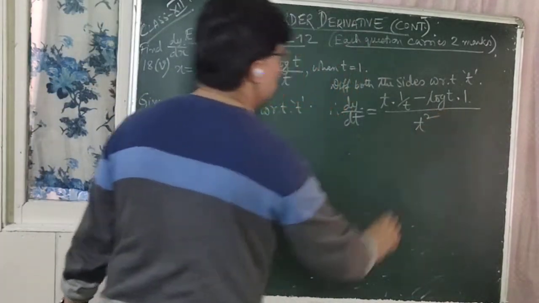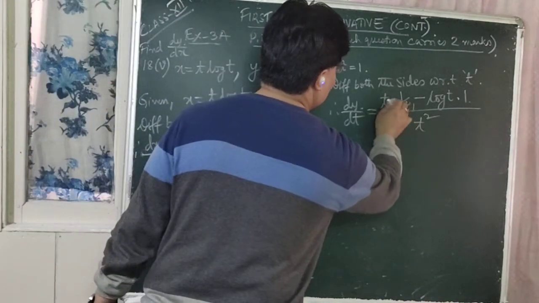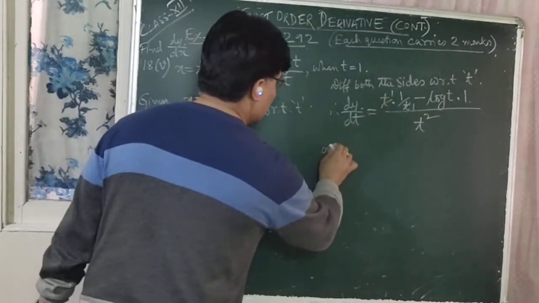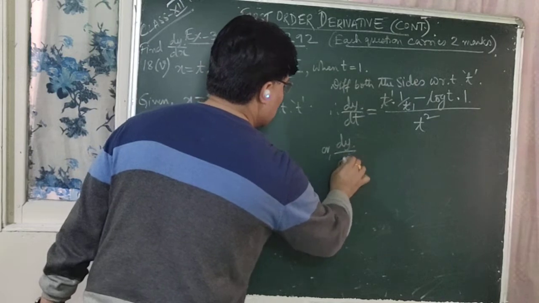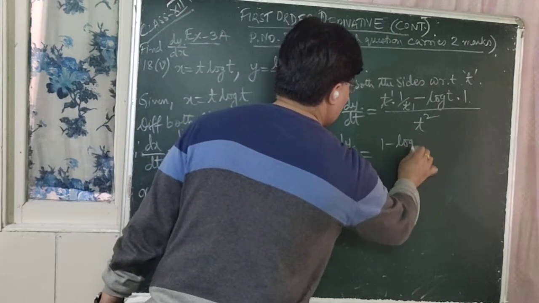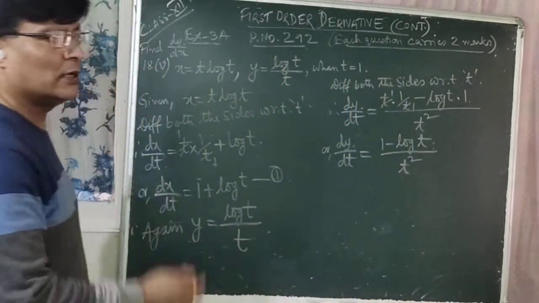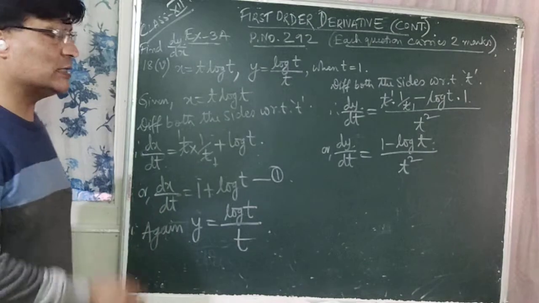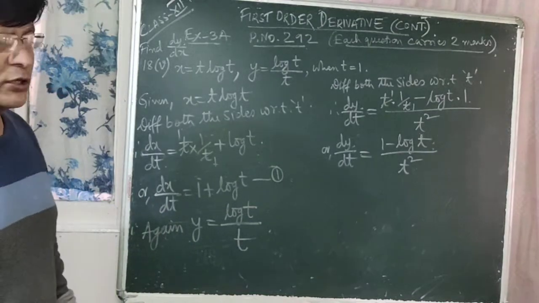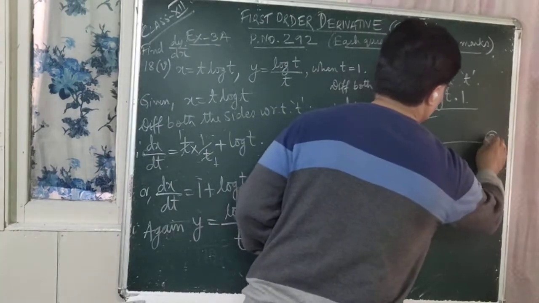That is your t square. So here t gets cancelled, t ones are t, t ones are t. So what do we get? So dy by dt is equal to 1 minus log t whole divided by t square. Suppose this is number 2.